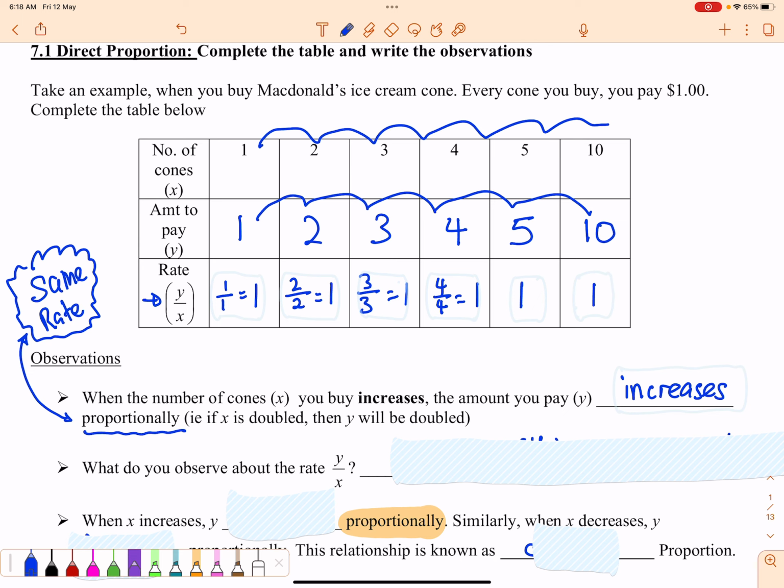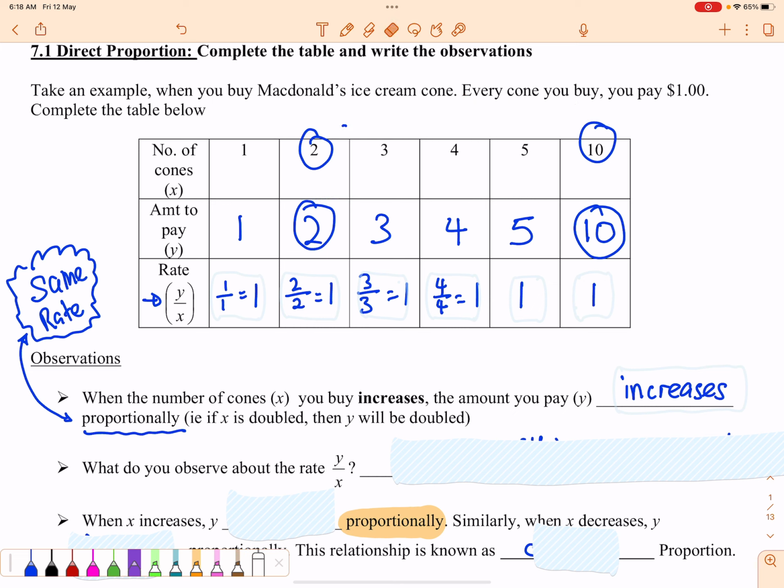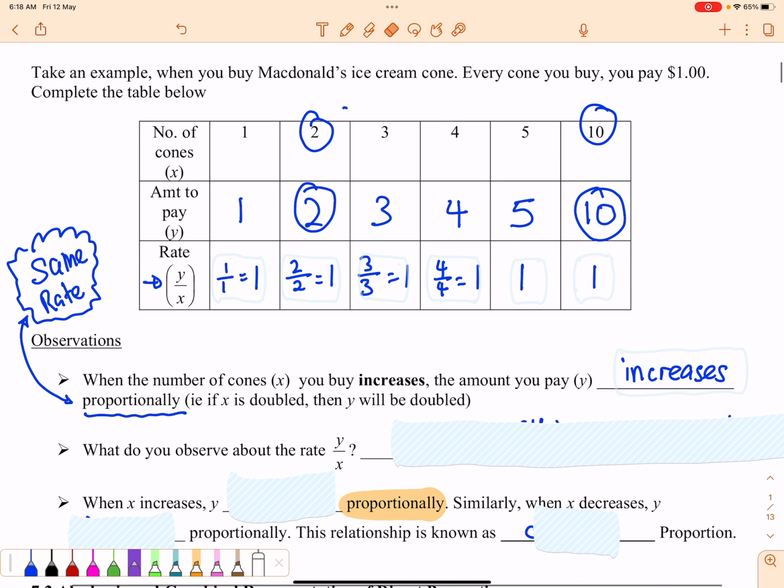That means if I double the ice cream, I pay double. If I multiply by 5, I should pay 5 times more. Okay, so with that idea, I would then want you to make an observation about the rate. Write down your observation, then we go through the answer.